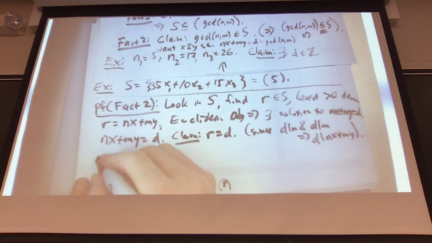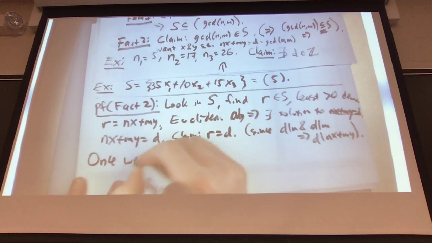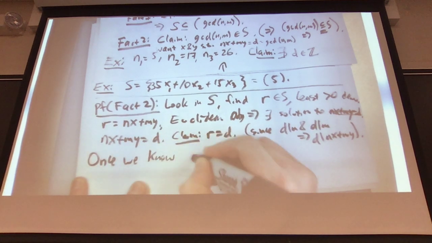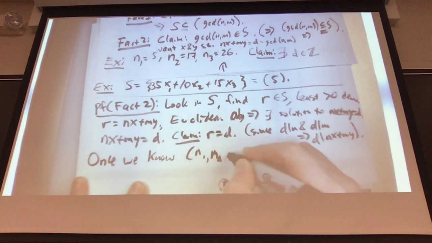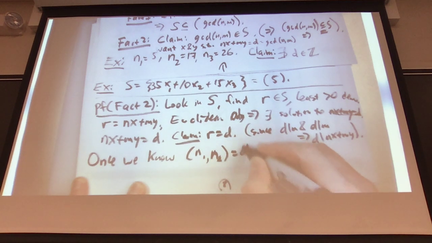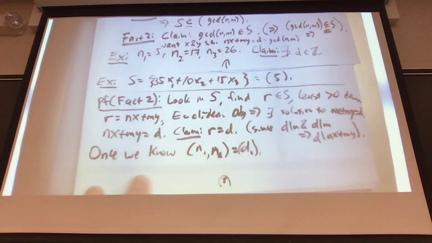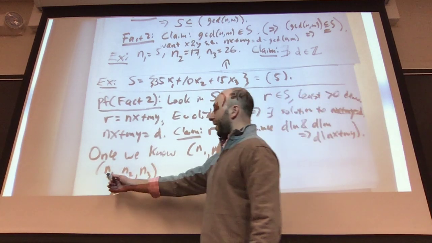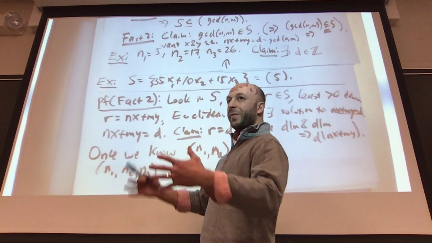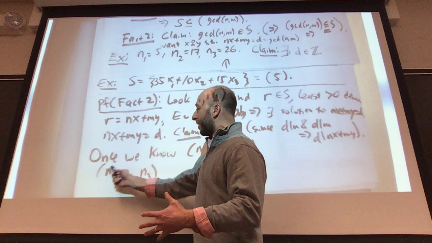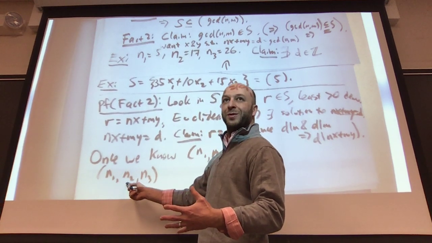Once we have pairs, so once we know that the ideal generated by N1 and N2, say, is the ideal generated by D1, what happens to the ideal generated by N1, N2, and N3? So again, this is integer linear combinations of N1, N2, and N3. But I know what all the linear combinations of these two come out to.